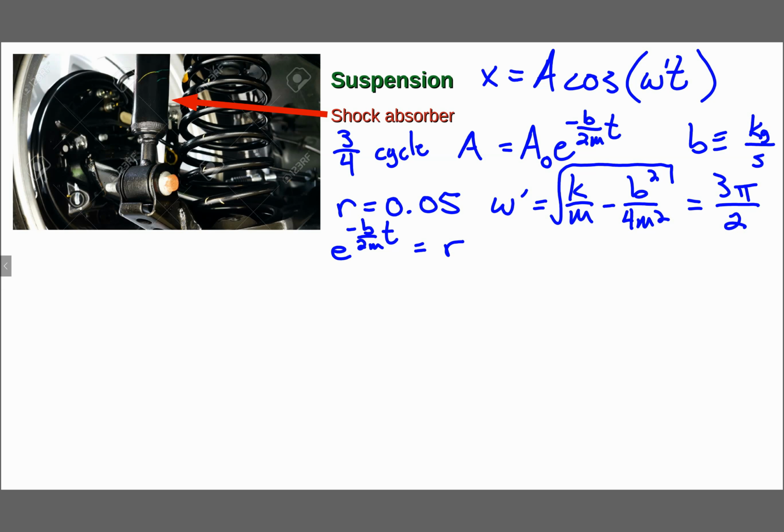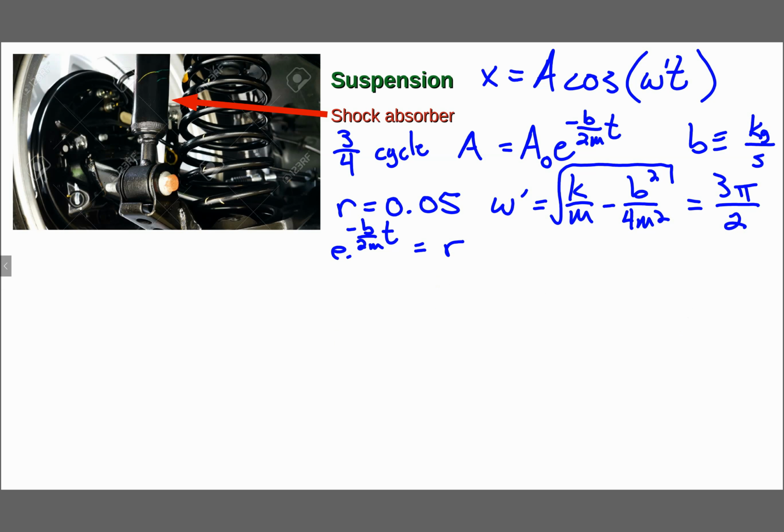Okay, so the guy in charge of designing the car has brought us, the engineers, certain requirements for the car, and they've allowed us to place these constraints. Omega prime t equals 3 pi over 2, and e to the minus b over 2m t is equal to r, where r is 5%, okay, 0.05.